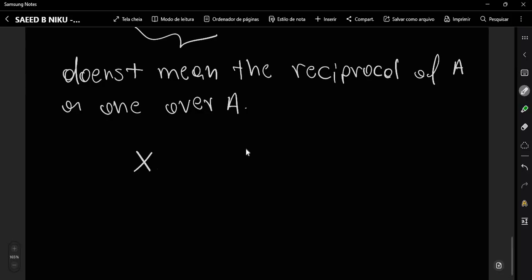If you have any number or a variable, in this case a variable x, and we multiply it by its reciprocal, which is 1 over x, we get the value 1. So the reciprocal of x is 1 over x, and in this case that is an exponent.